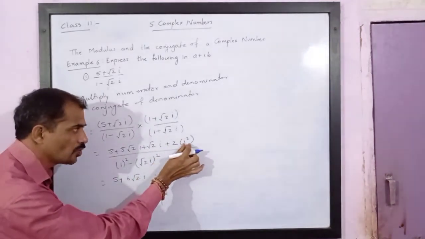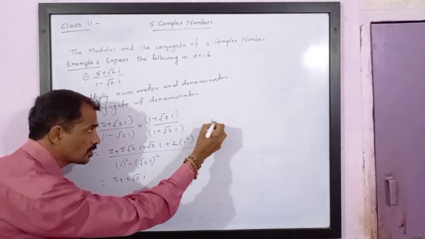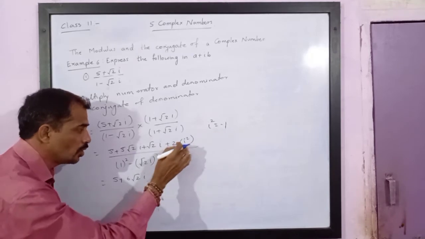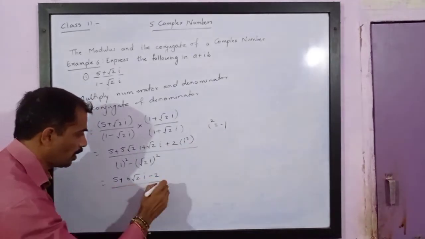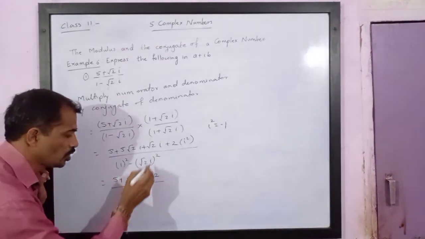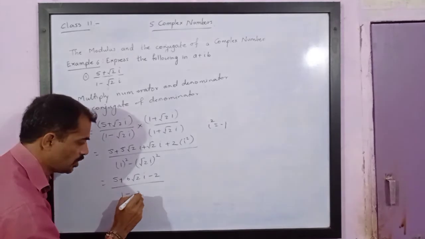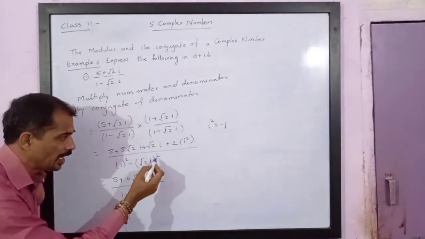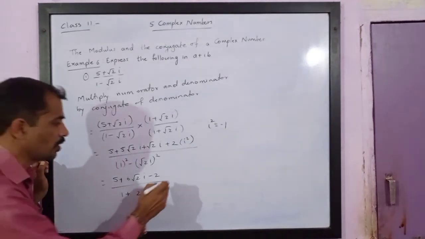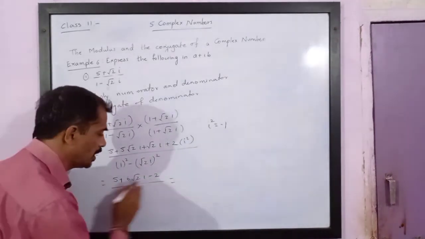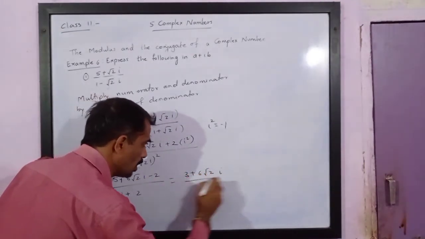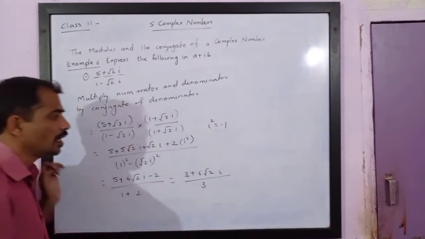Then 2 into minus 1, since i square is equal to negative 1, becomes negative 2, upon, at the denominator, 1 square is 1 minus root 2 square is 2, and i square is again negative 1. Negative 1 multiplied by this becomes positive, so we get 1 plus 2. So this is equal to 5 minus 2, which we can subtract, gives 3 plus 6 root 2 i upon 3.